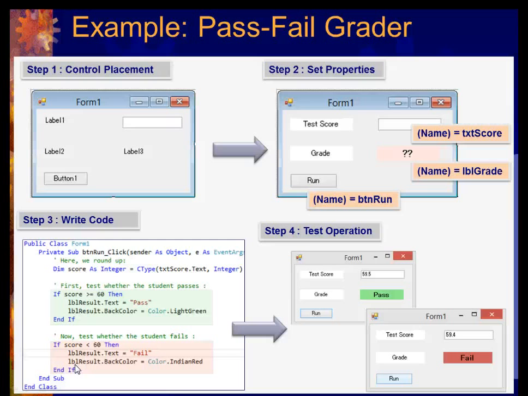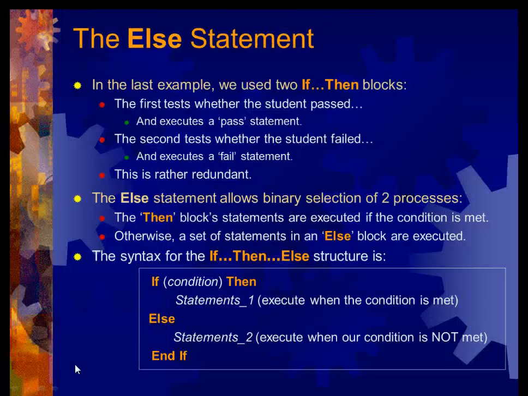Okay, so we can redo this program that way as well, right? So we can do it with two separate if statements, or we can do it with one if-else statement. Everyone agree with that? Okay, so we're going to do those.